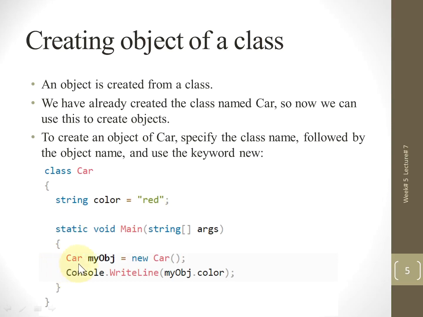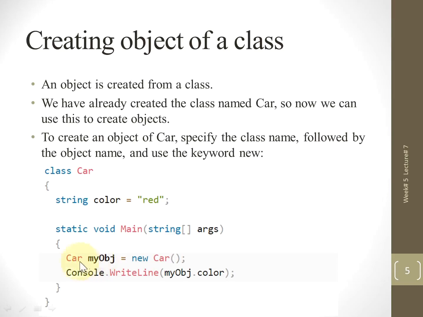Now here we are creating the object of the class. Here is the name of the class, then the object name, then the assignment operator, and the new keyword. The new keyword is used to allocate the memory location for this object, and at the end we have the name of the class and the parentheses. So there are two portions within the object.